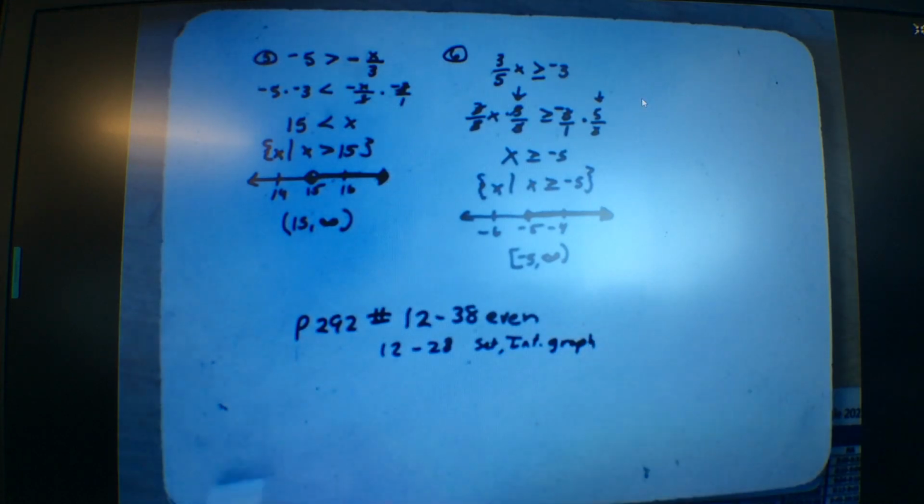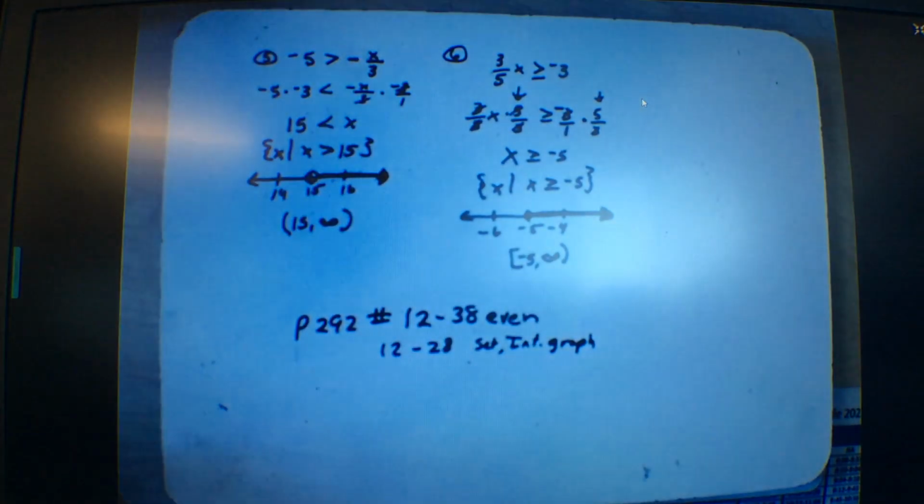Any story problem that you have to do, you do not have to do all three. You just have to give the answer in set builder form. Did everybody hear that? So look on page 292. You're going to go to 38, but 30, 32, 34, and 38 are all just solving in set builder notation, okay?